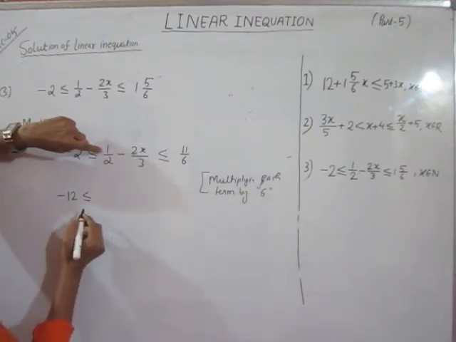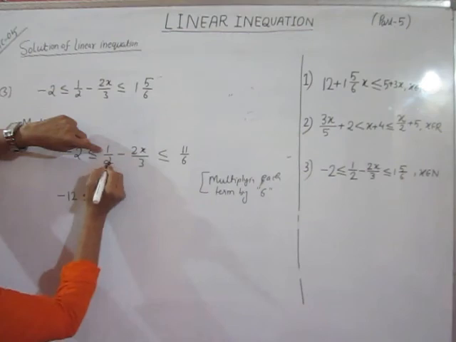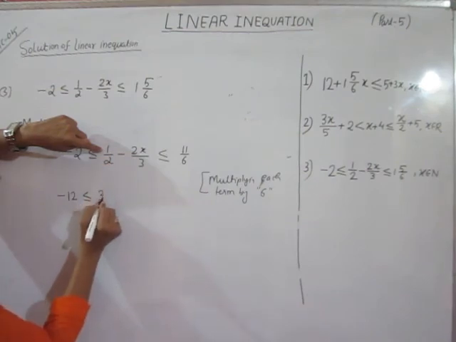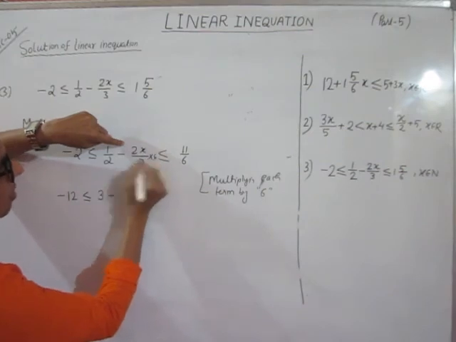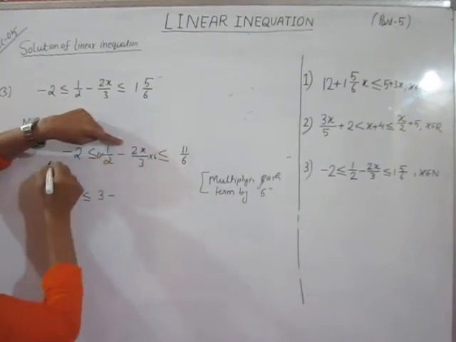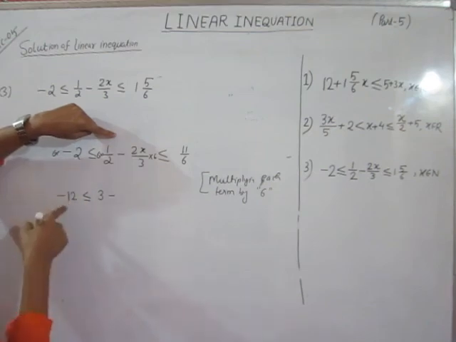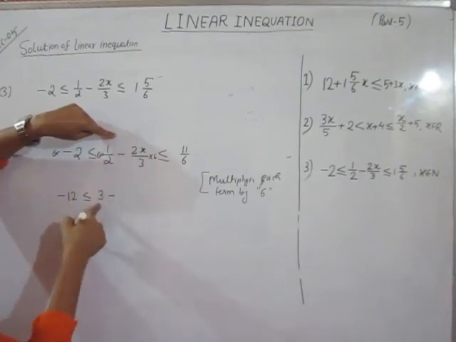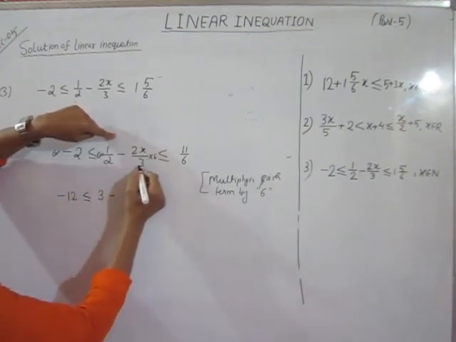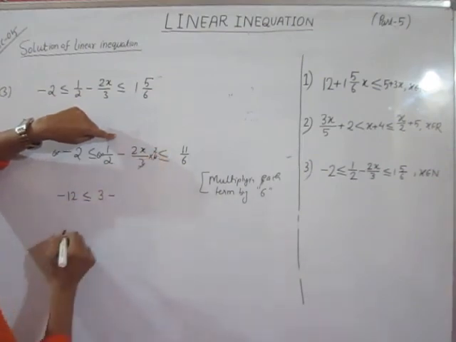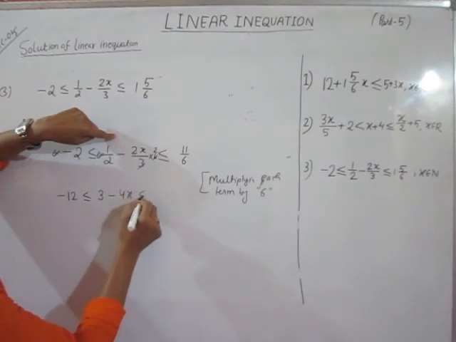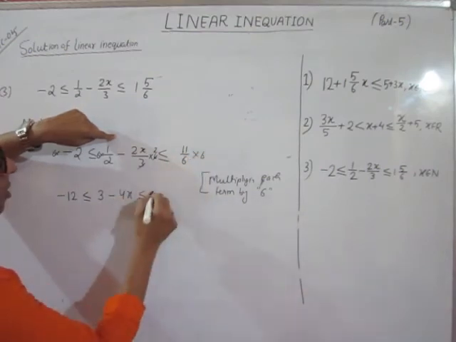Now 6 into 1 by 2, the 2 cancels, it will be 3, minus, multiply this by 6. 2 3s are 6 and 3 2s are 6, so it will be 4x, less than or equal to, multiplied by 6 also, 11.